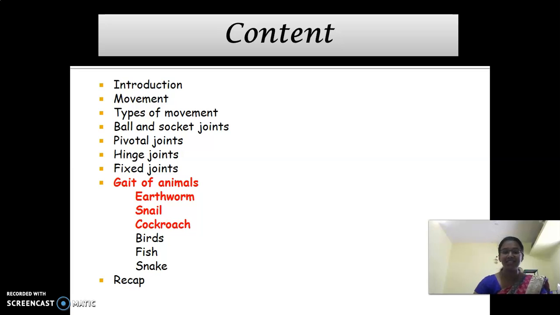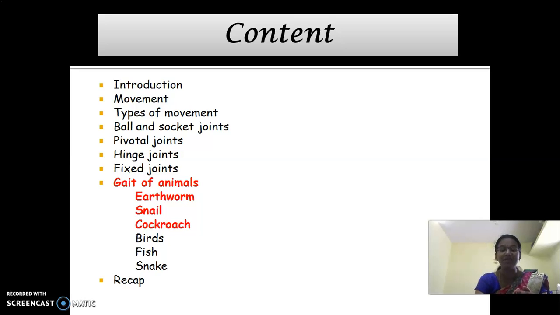In the last session we had completed the introduction, what is meant by movement, locomotion, types of movement, ball and socket joints, pivotal joints, hinge joints, and then fixed joints. I had given you a homework yesterday, right? For the fixed joints question, I'll tell you the answer. It is not enough to write only the explanation or the definition of fixed joint.